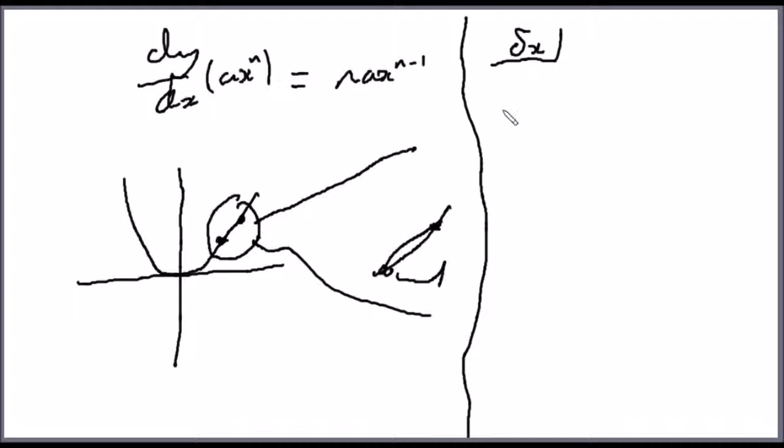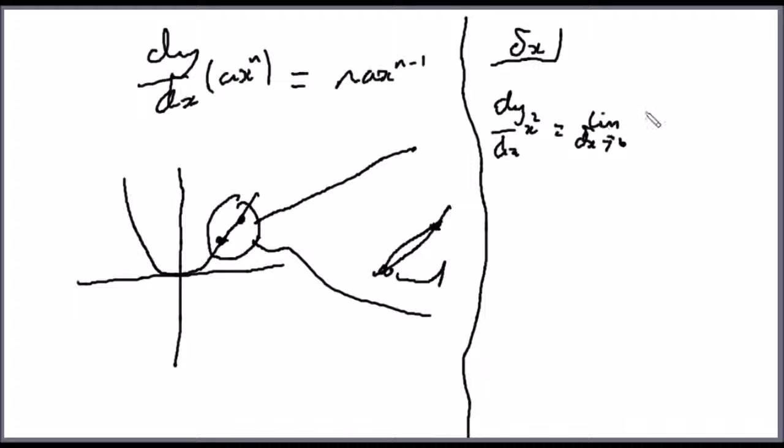So let's try and do it from first principles. So let's do dy by dx of x squared from first principles. You want to take the limit of this.